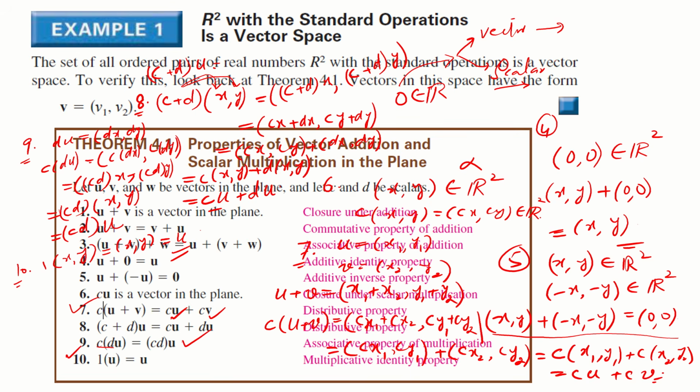The same thing can be extended towards R3 as well. In R3 we will be having triples instead of ordered pairs. R4 as well. In R4 we will be having 4-tuples. In R5 we will be having 5-tuples, and generally in Rn we will be having n-tuples.